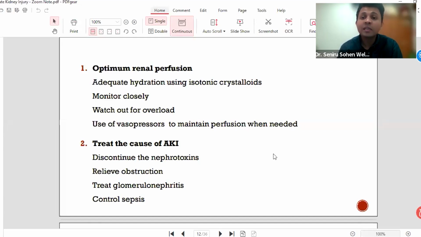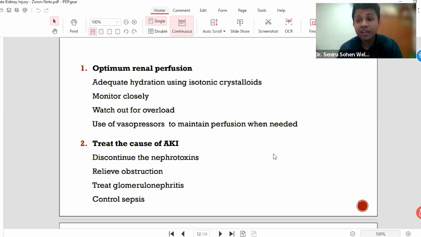Fluid responsive meaning the blood pressure will pick up and the pulse rate will decrease and the capillary refilling time will decrease, and the urine output will gradually start to improve. But careful monitoring is required because the kidney is not working. Even with that amount of fluid, some patients can go into fluid overload.